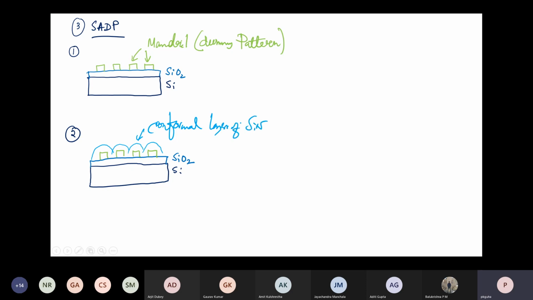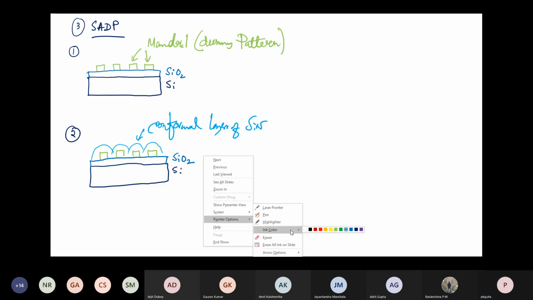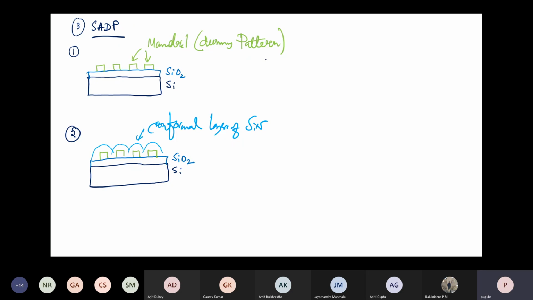Then you etch back. When you etch back such a layer, you tend to etch the horizontal portion, leaving the vertical portion.